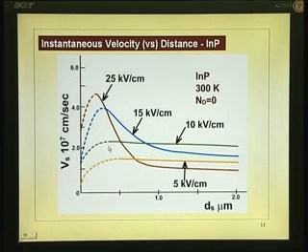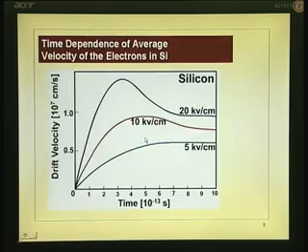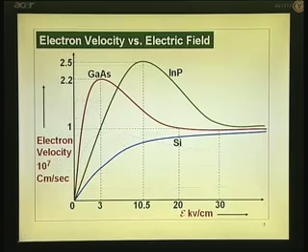Now, here also you can see that if I use a field of 10 kV per centimeter, it is always in the lower valley in indium phosphide, because let us go back and see the steady state characteristics. Just remember this, 10 kV per centimeter is the peak.